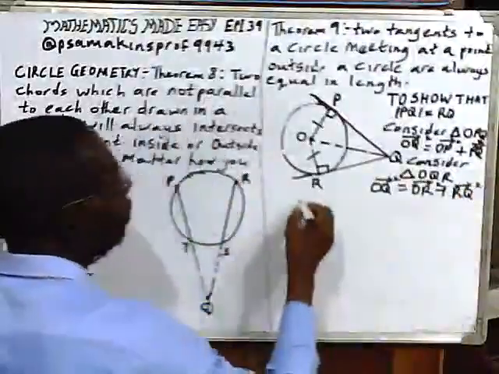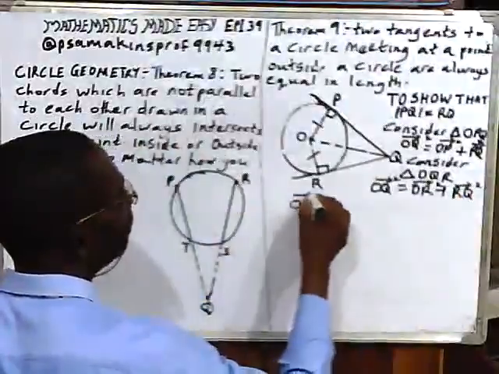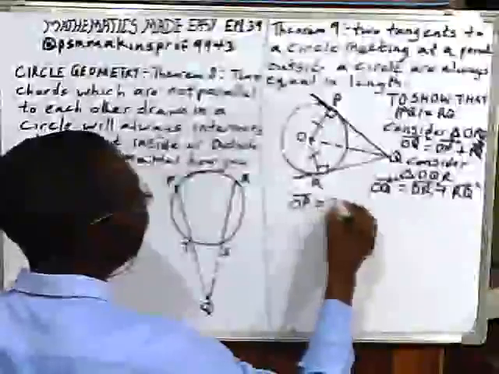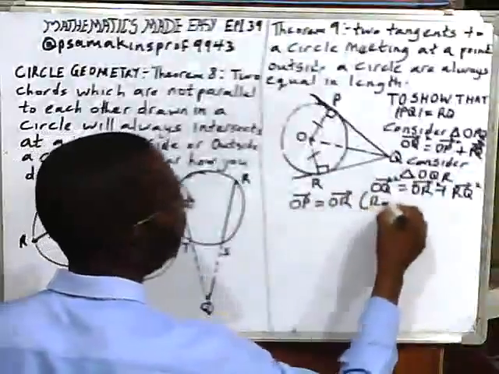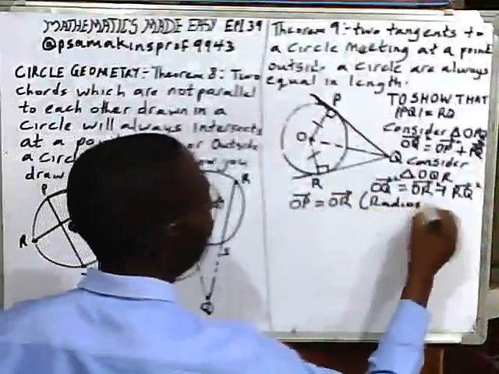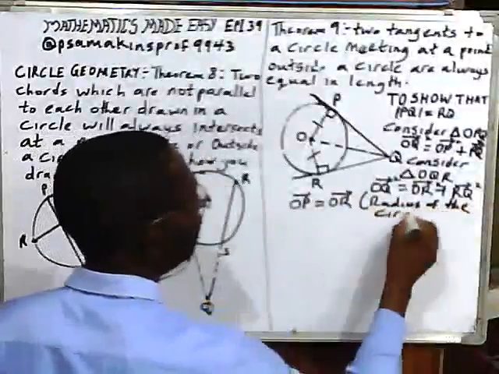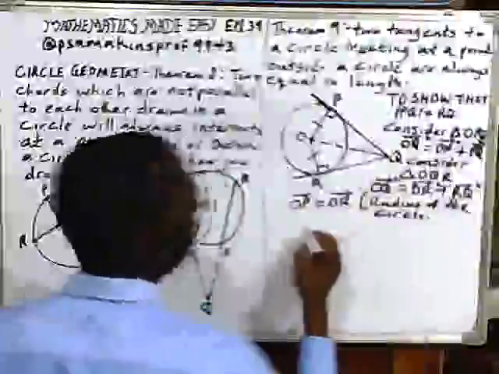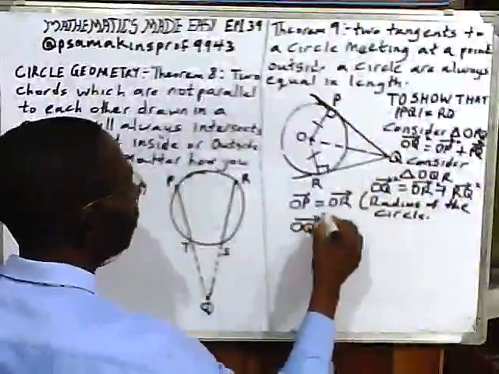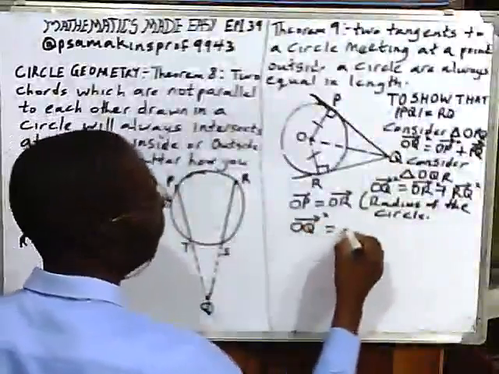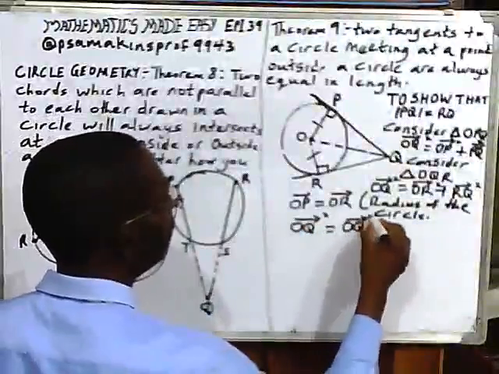Now, we know that our OP should be equal to OR. Why? Radius of the circle. So if that is the case, that means OQ squared should always be equal to OQ squared.